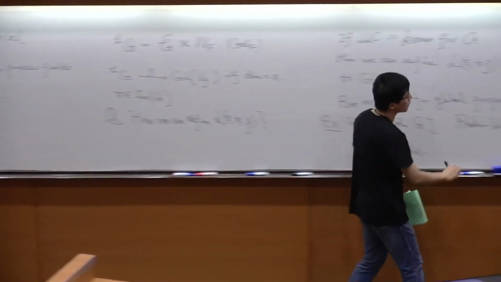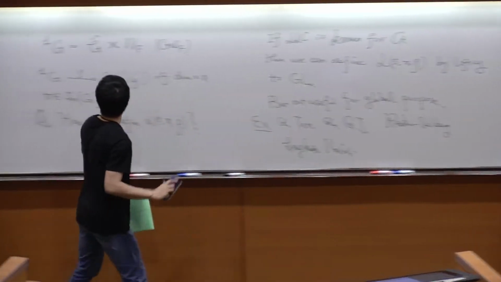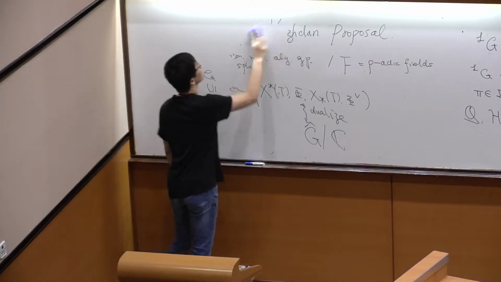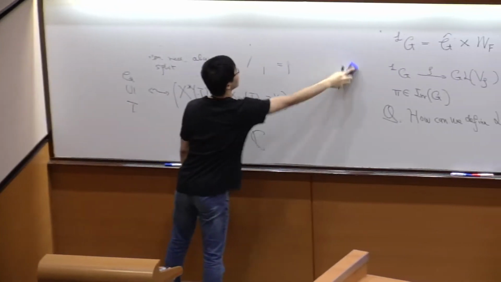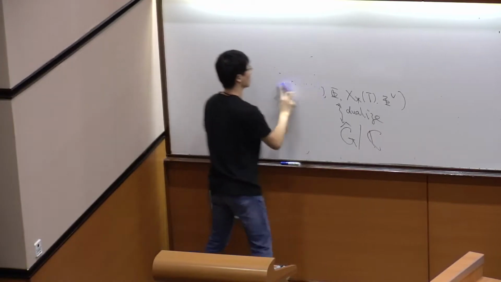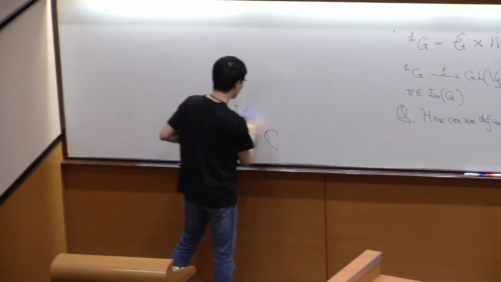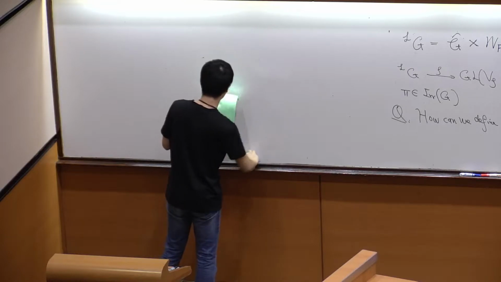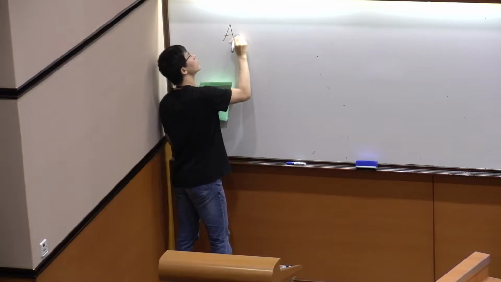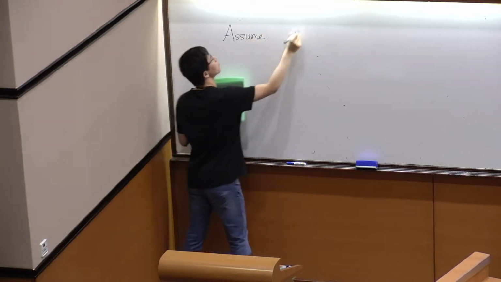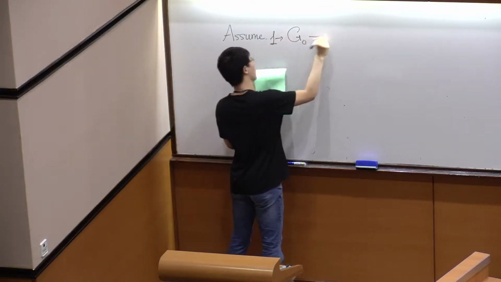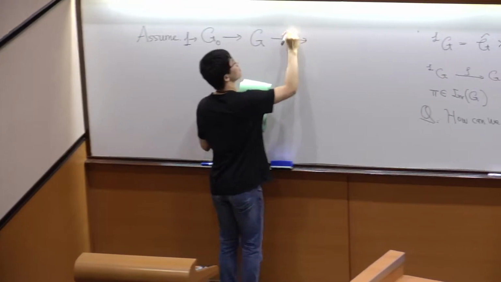Okay. Then in the following, we are going to fix more notations. We need to put some constraints on our group G. We further assume that our group G fits into the following short exact sequence: 1 to G naught to G, and here you have a character sigma to G_m.